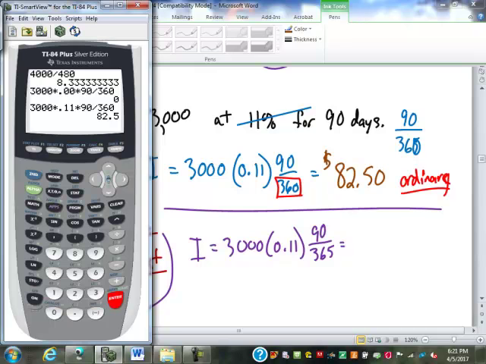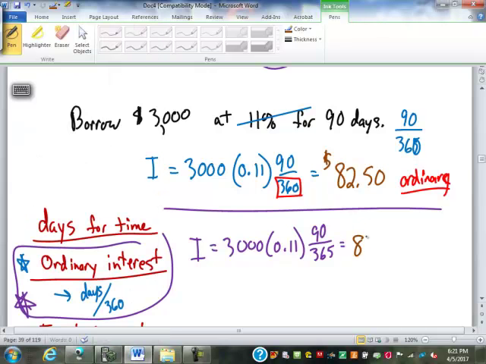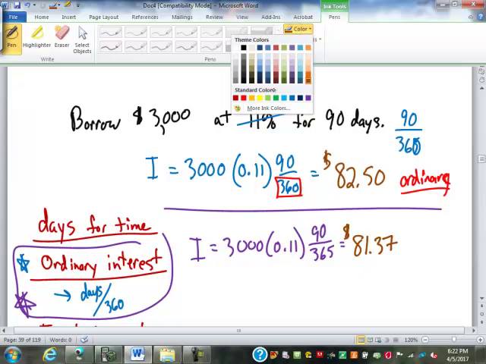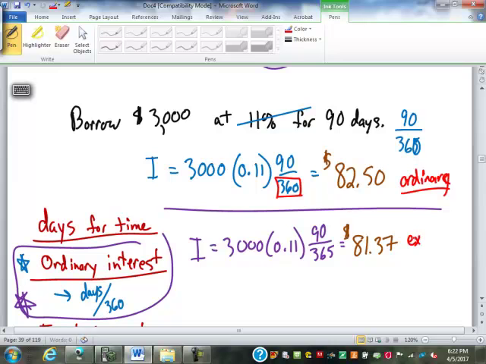So it'd be 3,000 times 0.11 times 90 divided by 365. $81.37. So that's exact. So you can see here, just on 90 days on only a $3,000 loan, it makes a difference of $1.13.